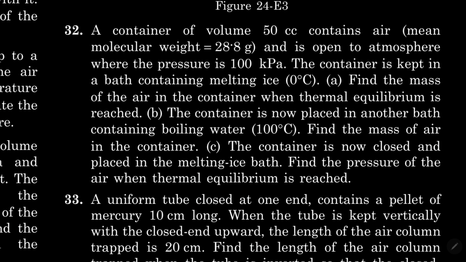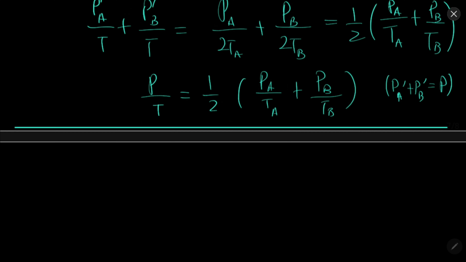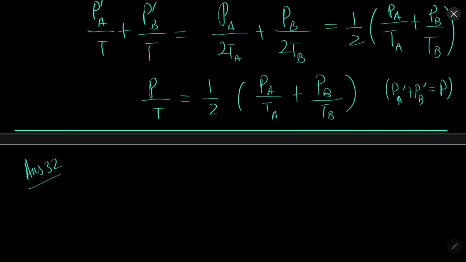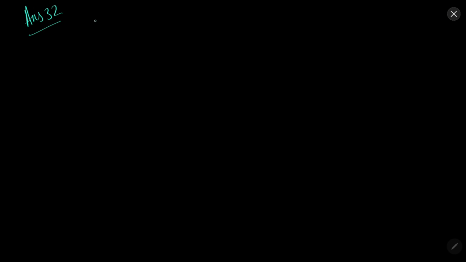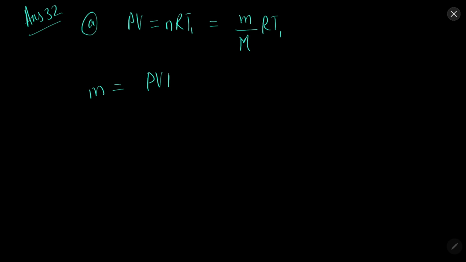In 32 we have to find mass of air. Container is now placed in another bath. Find the mass of air in this container, and container is now closed. Find the pressure. Solution 32. So for the A part, PV equal to nRT1. It can be also written like this. So M will be PVM over RT1. Putting all the values, we will find it will be 0.065 grams.